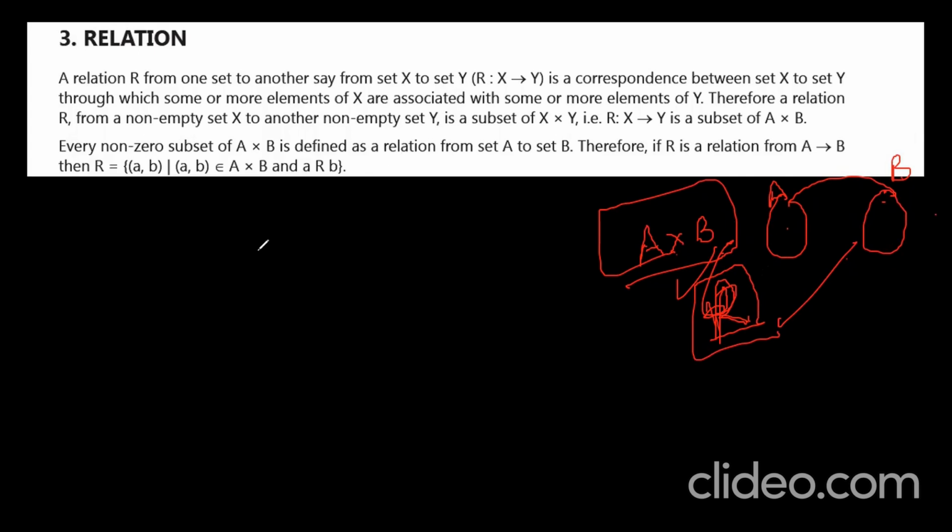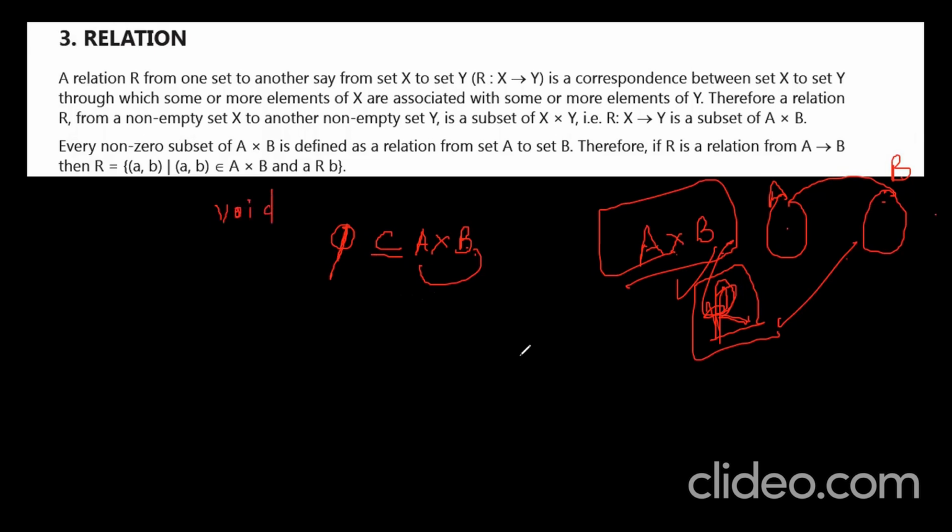Next, one more important point: the void relation. The empty set, I am taking φ. If φ is a subset of A × B, it is known as the empty or void relation between A and B.